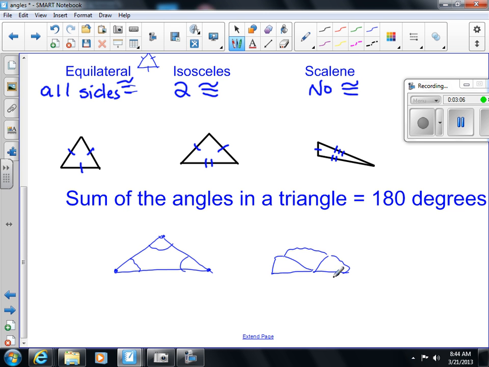When I put their edges together, they always make a straight line, or a straight angle, which is how many degrees? Now I'm going to show you in real life how this works.